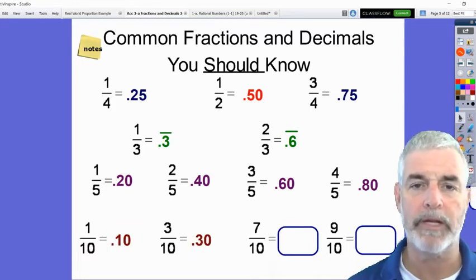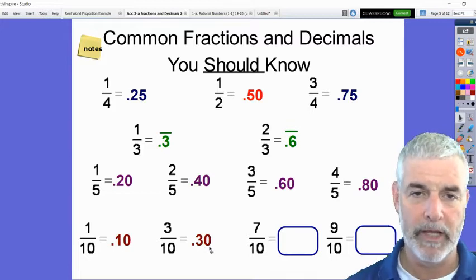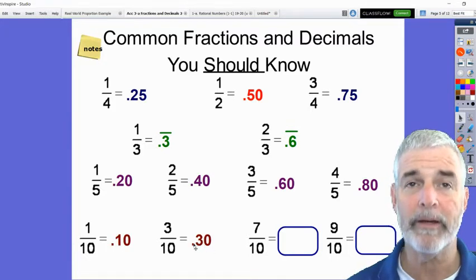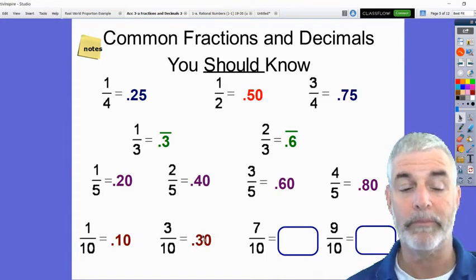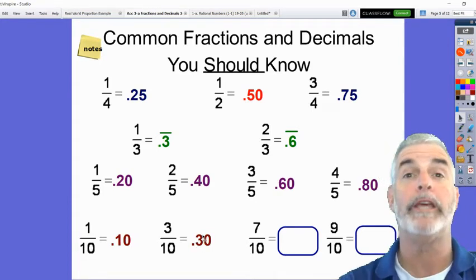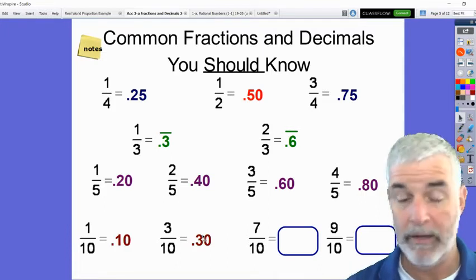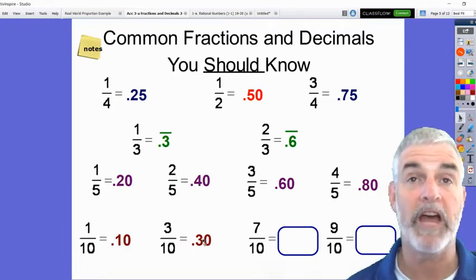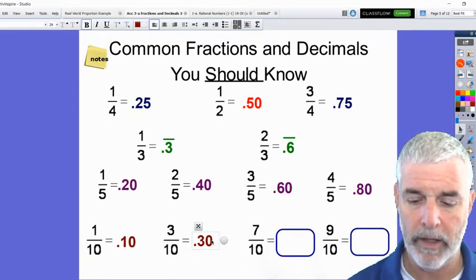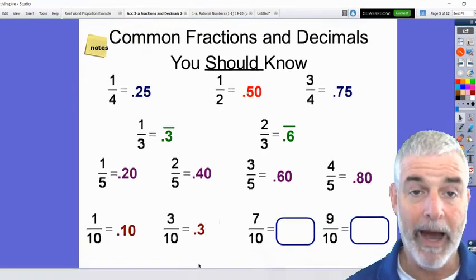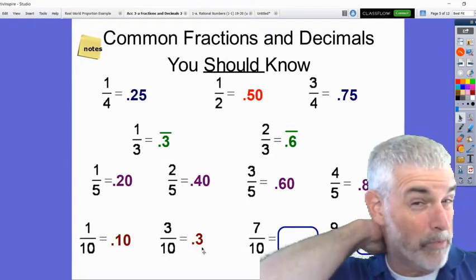3/10 as a decimal, 0.3, right? So it's actually the official way that you say 0.3, right? There's some teachers and some math people that don't like you to say 0.3, okay? Instead, they want you to say 3/10 or 30 hundredths in this case, which is the same thing. I'm personally fine with saying 0.3. It's what I always say.